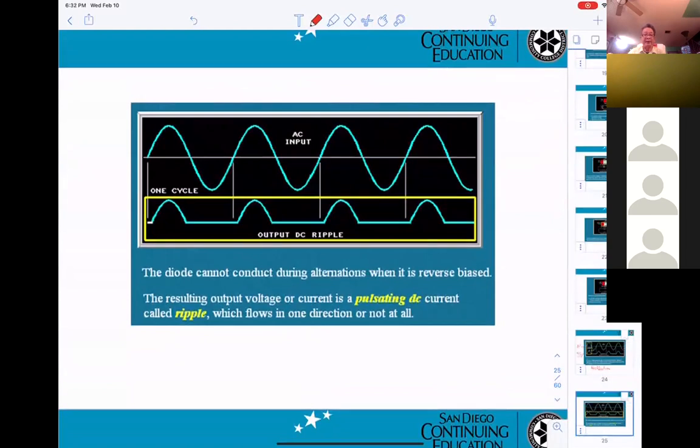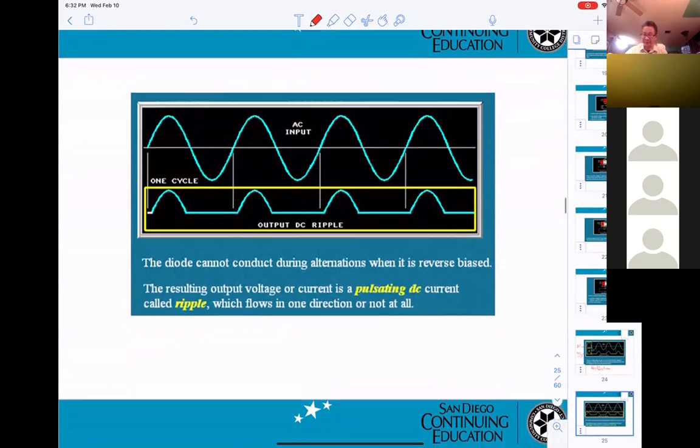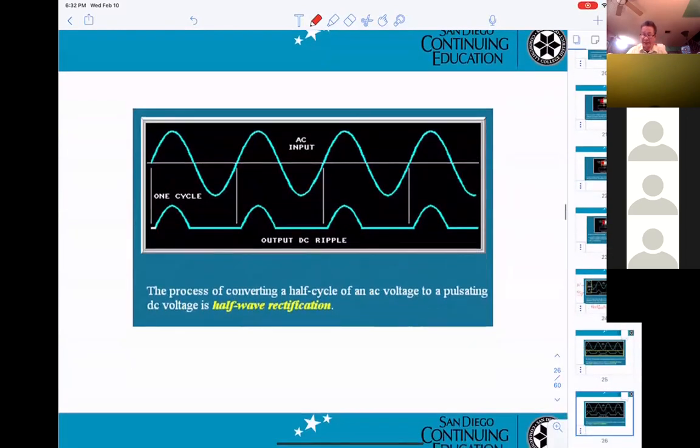Another one is the name here. They call it a pulsating DC current, or they can call it a ripple. That's what they call half-wave rectification.